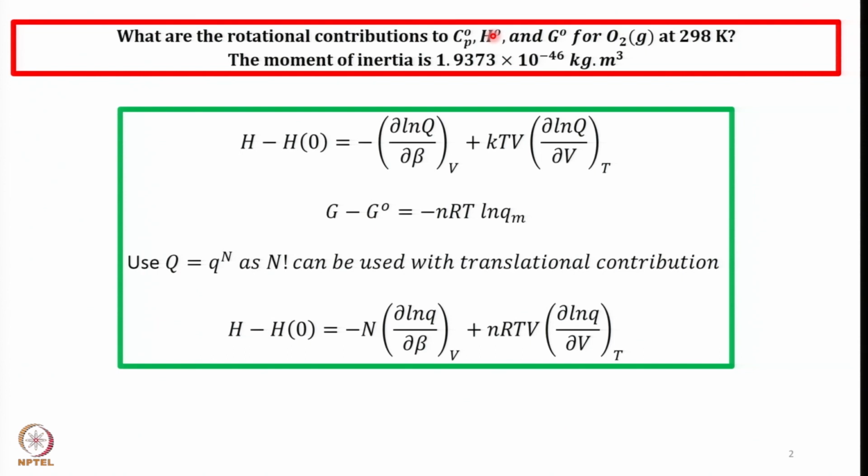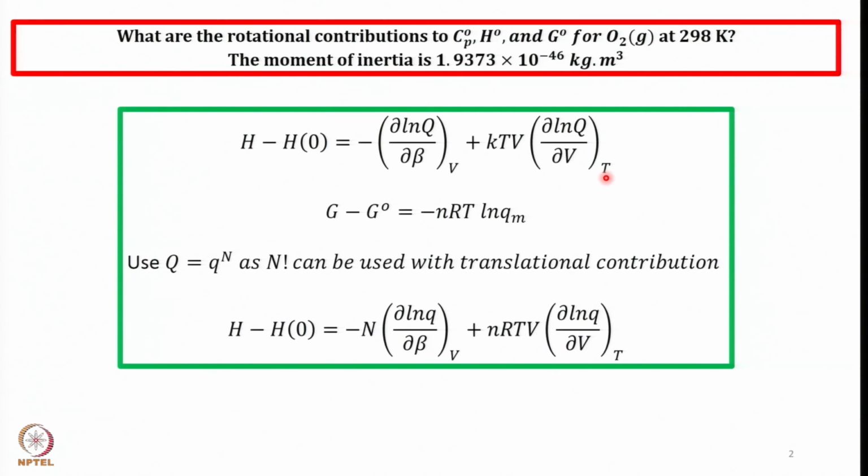Now going back to our earlier discussion, enthalpy is defined relative to H0 as minus del log Q by del beta at constant V plus kTV del log Q by del V at constant temperature. This is an expression that we derived.